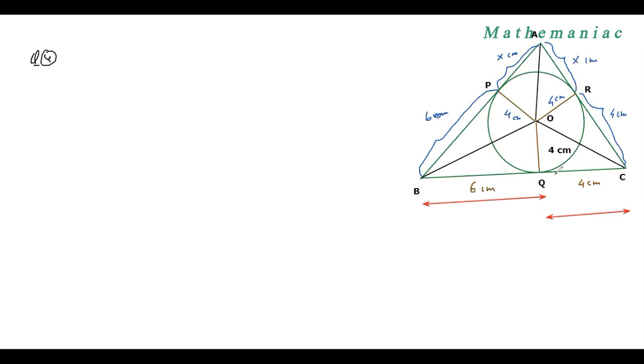Now you see how we'll proceed. First of all, we talk about these equalities because this is a part of the formality. This statement you write yourself. I'm just doing the solution part.